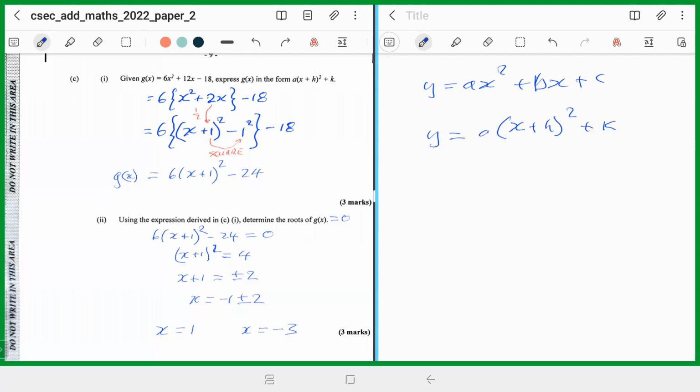And it can also be written in the factor form, y equals a into x minus one root times x minus the other root. How do these work? This first form gives you some information about the quadratic function. Depending on the a, you know whether the function has a smile shape or a frown shape. If the a is positive, it will have a smile shape.